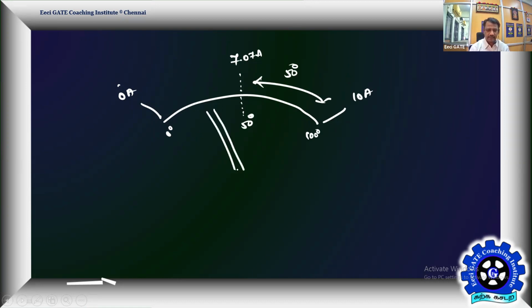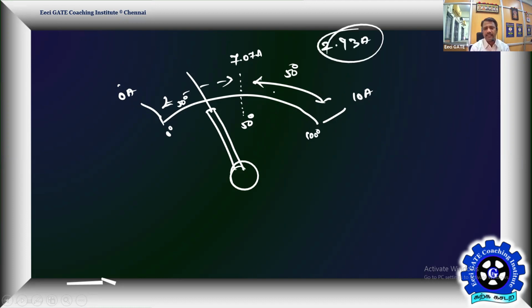That's the moving mechanism, and this is where the pointer is going to deflect. That's the pointer reading. So this first 50-degree is allotted for 7.07 amps, and the remaining 50-degree is allotted for the change, which is 2.93 amps. For 2.93 amps you are using 50-degree here, and for 7.07 you are using the 50-degree here.